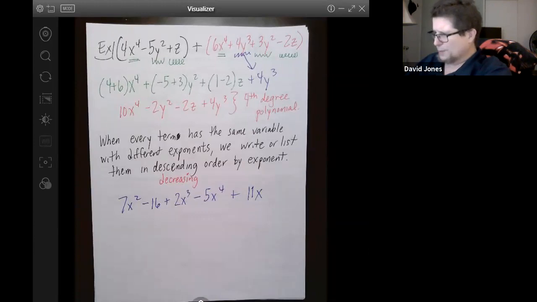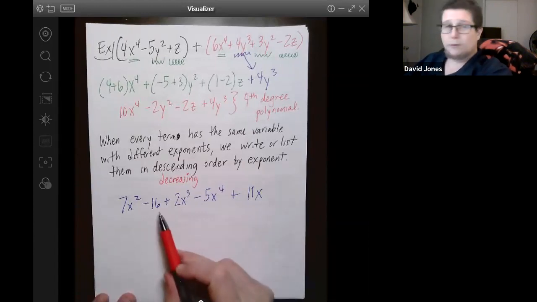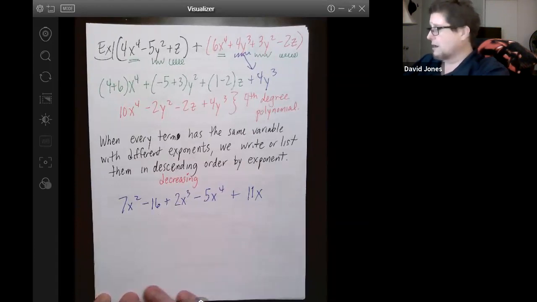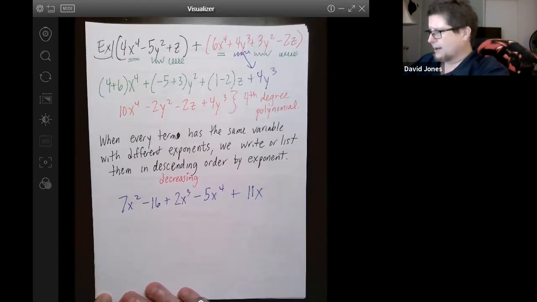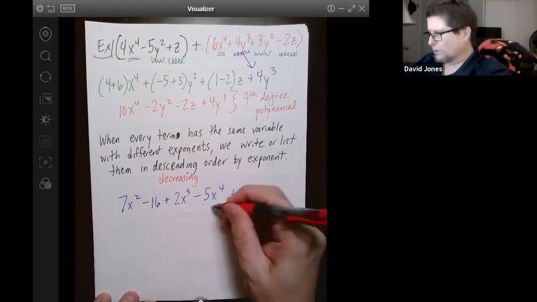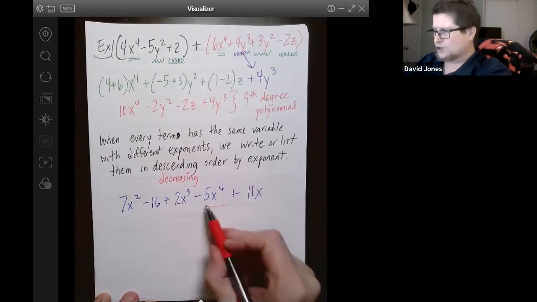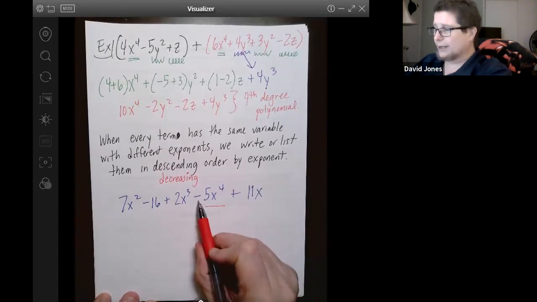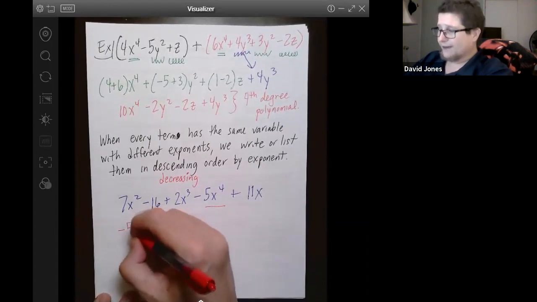They all have x's in them except one of them, but remember when there's no variable, it's like x to the 0. So the biggest term is the 4. Make sure you take the sign in front of it with it. This is negative 5x to the fourth.